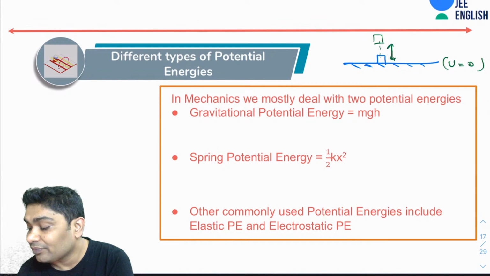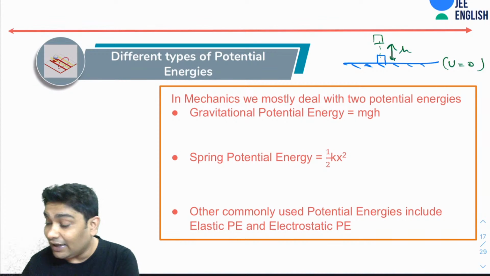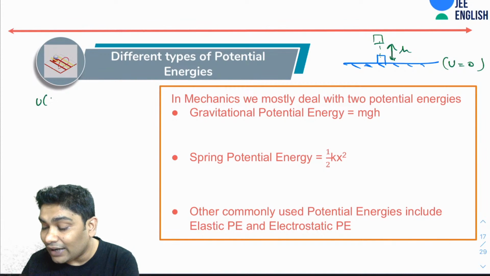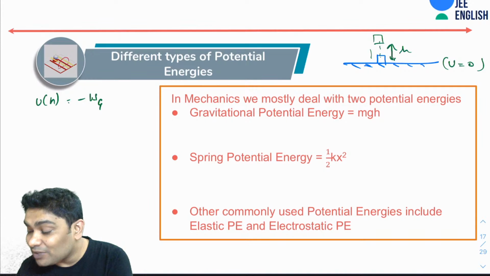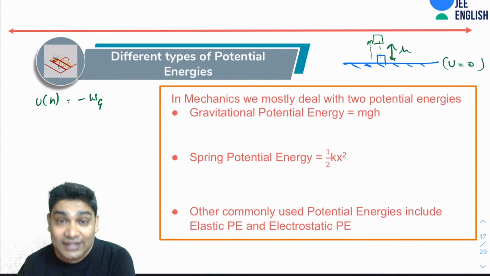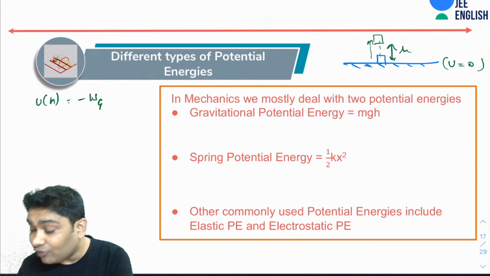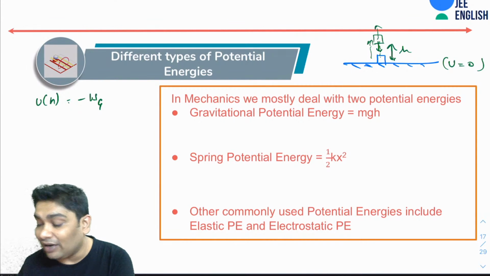If I take this as the 0 level, and I take the block above by a height h, let's remember that definition. U at h would be minus the work done by the gravitational force. When it is displaced from here to here, what is the work done by the gravitational force? Gravity is acting the entire way downwards, while the displacement is happening upwards.